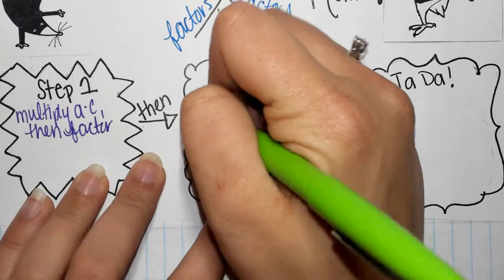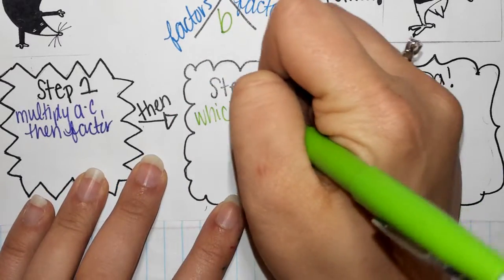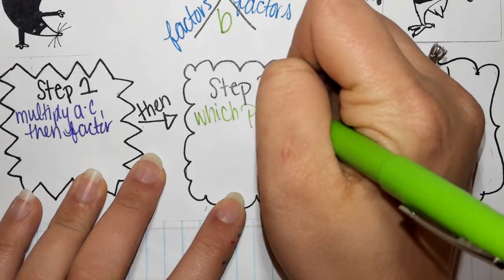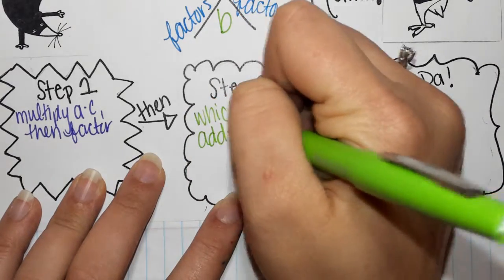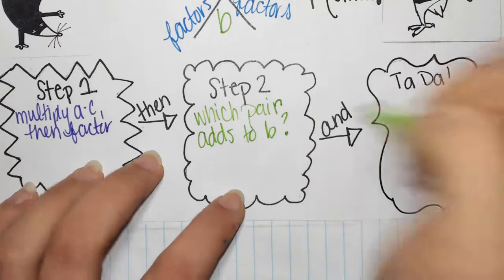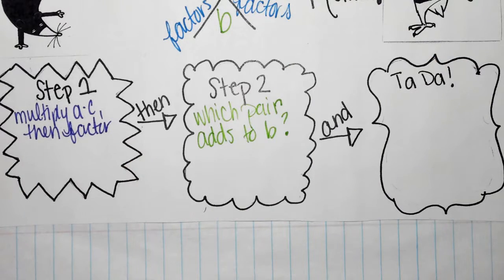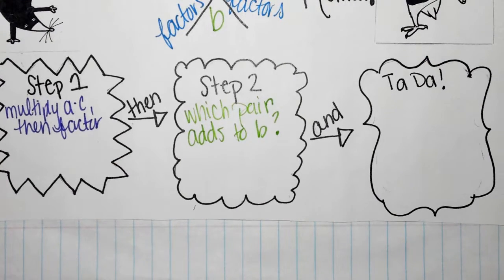Then step 2 is which pair adds to B. Yep.